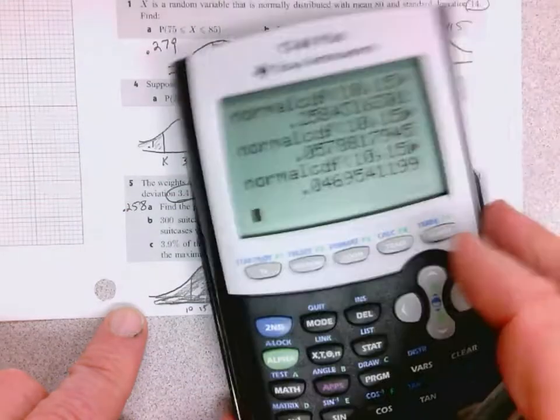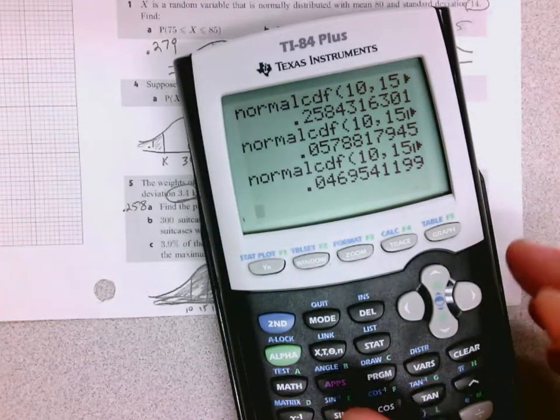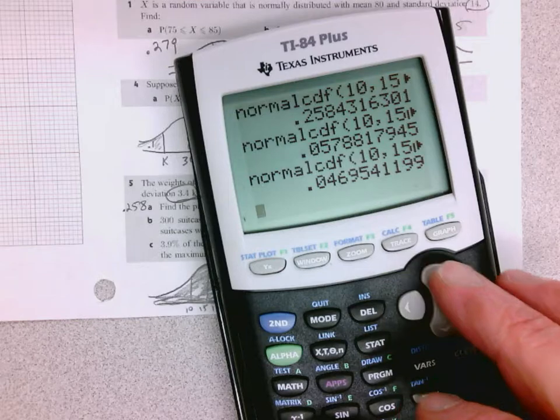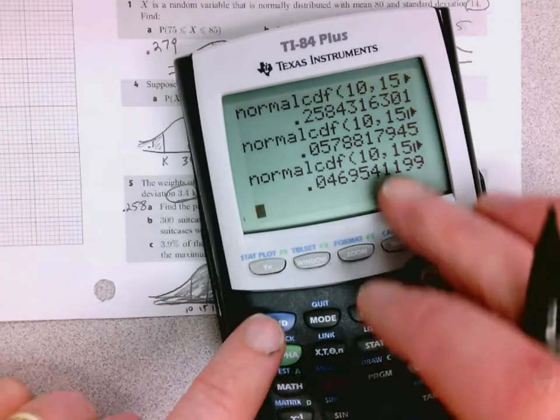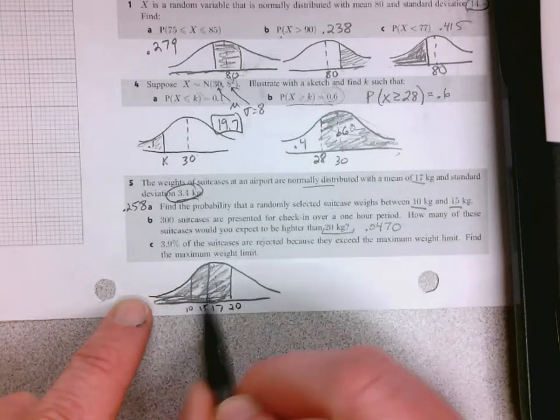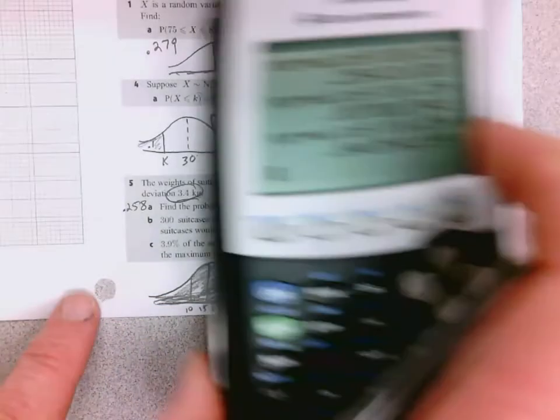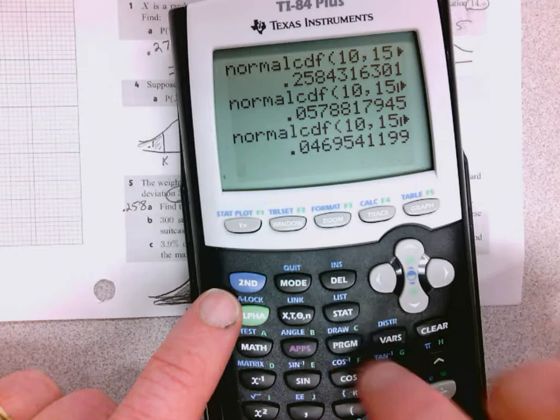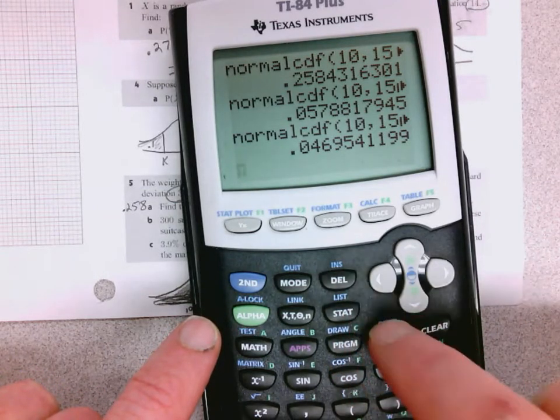So I'm looking at my answer and I'm going, something is not right here. Because there's no way that I could have 0.0470 for this whole area, which is again why you make your picture. So I bet something is wrong on the entry.